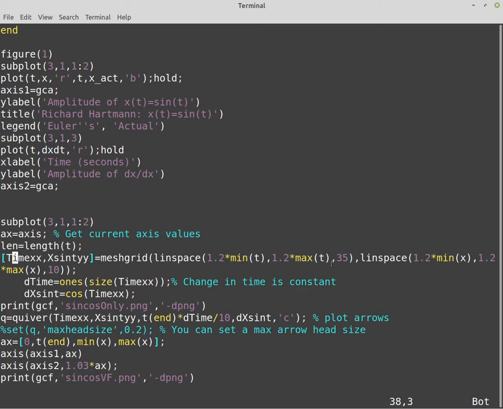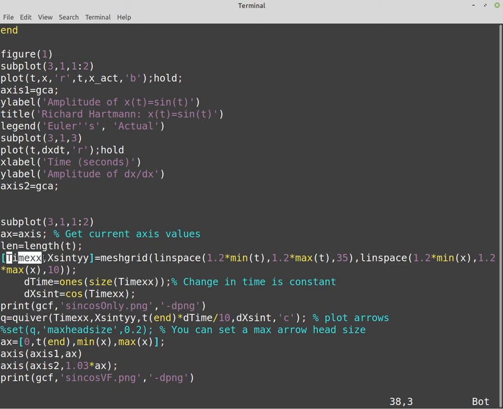But what I'm going to do is grab 35 points in the time direction. So 35 points in the time direction, and then I'm just going to choose 10 points in the sine of t, and the solution x is equal to sine of t solution. All right, and so this is a matrix.